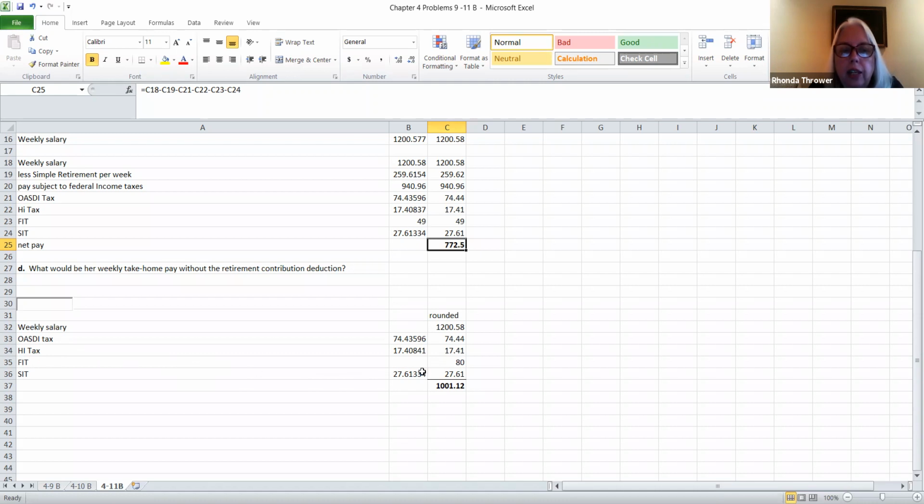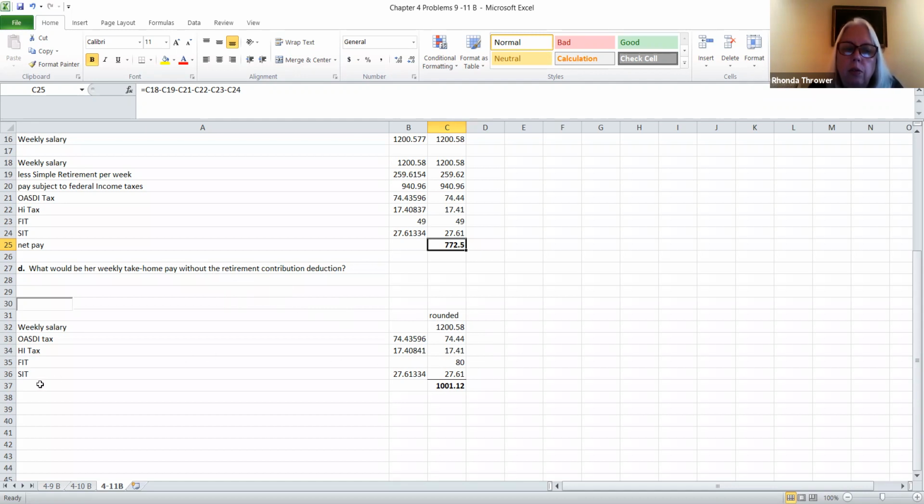The FIT would be looked up on the $1,200.58 this time. You do it the same way we did before. You'd go to the table, but this time you're looking at the total amount of the weekly salary, $1,200.58. They did not deduct the retirement contribution in this case. So the amount of taxes went up.